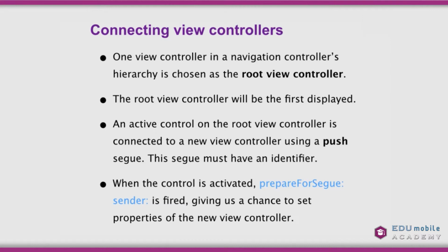Right before that segue fires, the prepareForSegue:sender: method is called on the root view controller, or the view controller with the control, and that gives us a chance to set properties of the view controller that's going to be pushed. With navigation controllers and with modal view controllers that we talked about earlier, that new view controller is not instantiated until its segue fires. It's very important.